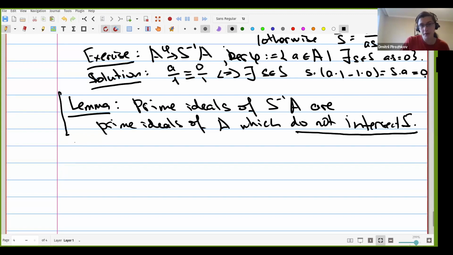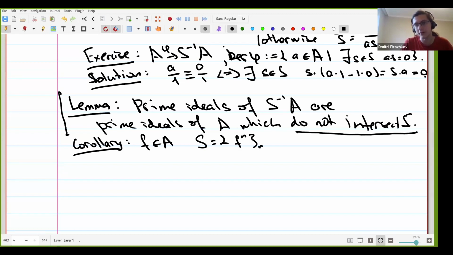So before I prove this lemma, I will just give a corollary. Suppose we have an element f, and we consider the multiplicative subset consisting of its powers as above. Then, for simplicity of notation, A with a lower index f is defined to be S^-1 A for this multiplicative system.